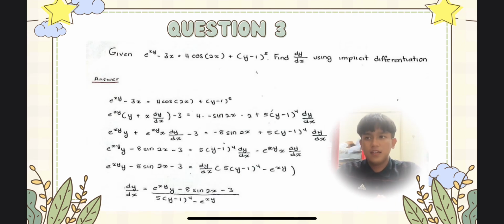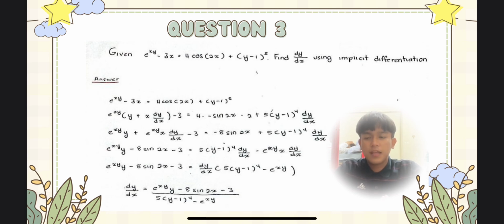Okay, next, question number 3. The question given is e^(xy) minus 3x equals 4 cos 2x plus (y minus 1)^5. Find dy/dx using implicit differentiation. Okay, so for the answer we should copy the question first, and the next step, e^(xy) in bracket y plus x dy/dx, close bracket.